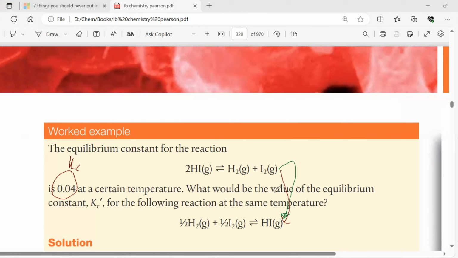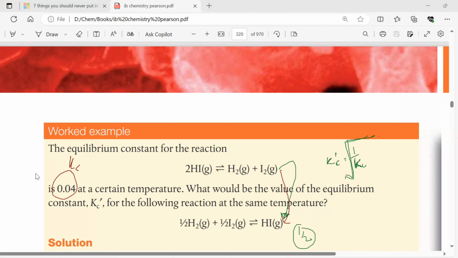So if you flip the sign, what will be the new Kc? 1 by Kc, right? Yeah, 1 by Kc. Now after that, what is happening? The stoichiometry is halved, isn't it? So it will be the square root of 1 by Kc. Did you guys see? Oh, okay, I see.